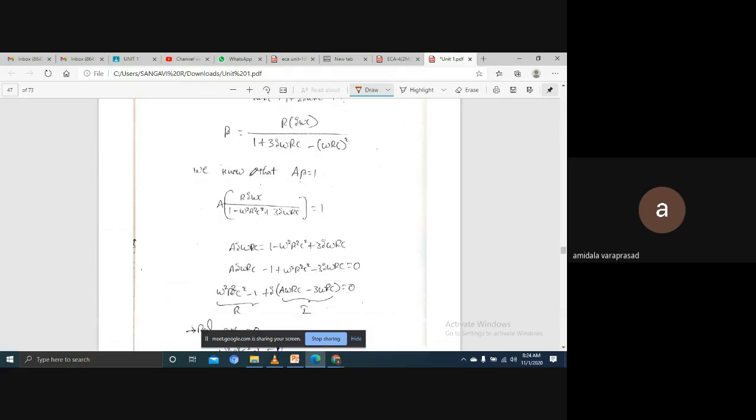We know that A beta is equal to 1. Is it correct? The maximum of A beta is equal to 1.